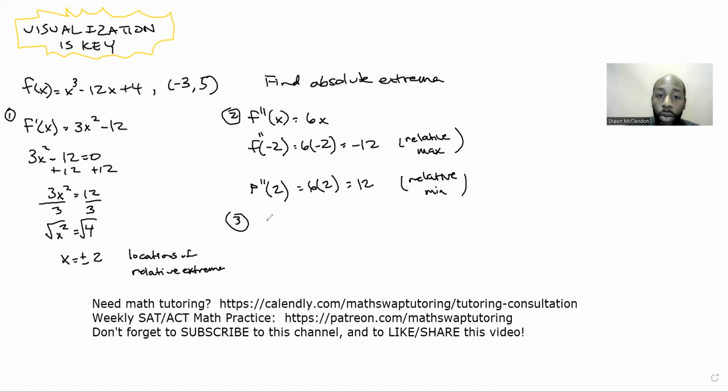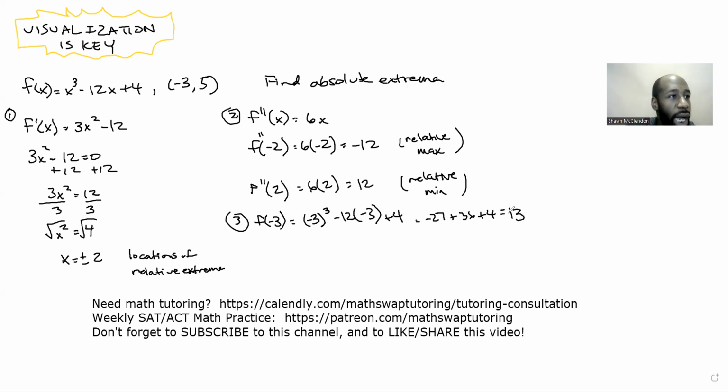Okay, so let's start with f of -3. That's -3 cubed minus 12 times -3 plus 4, which is -27 plus 36 plus 4. So it's going to be 40 minus 27, or 13.